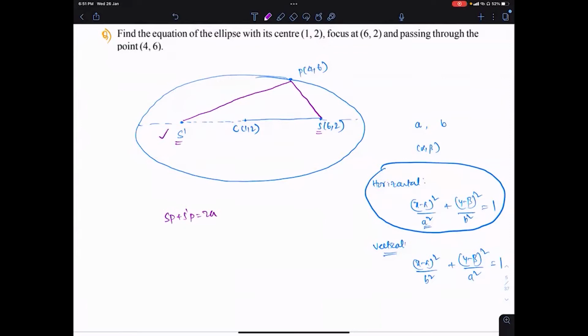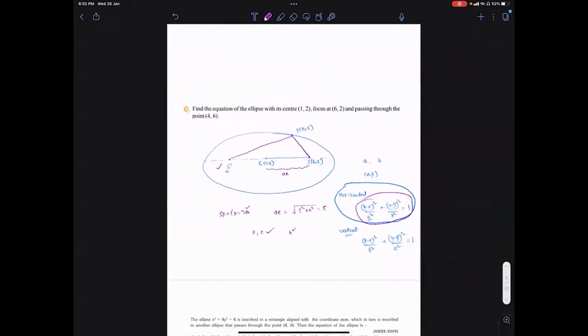Use that property and you will get the value of A. And the distance between the two foci gives AE, so AE will be root over 5 square plus 0 square, which is 5. So you get A and E, and once you know A and E, you will get the B value also. So you can write the equation like this. Next.